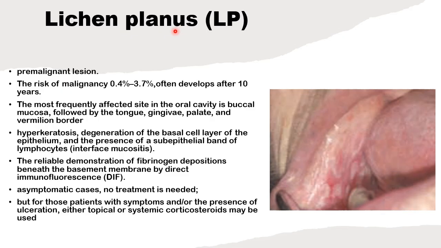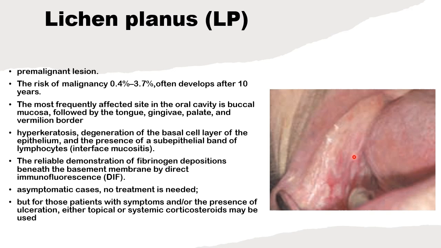Lichen planus is considered a pre-malignant lesion. The risk of malignancy can be as high as 3.7% and can often develop even after 10 years or so. The most frequent site affected is the buccal mucosa, followed by the tongue, sometimes the gingiva, the palate, and the vermilion border.